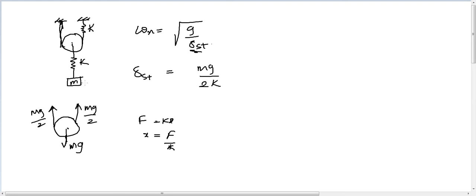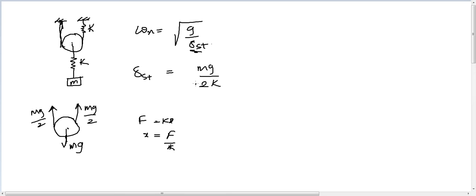But here, the static deflection of this mass is the deflection here plus the deflection here. The deflection here will be distributed along this, so the total downward movement of this pulley due to this spring is the total deflection in this spring divided by 2.